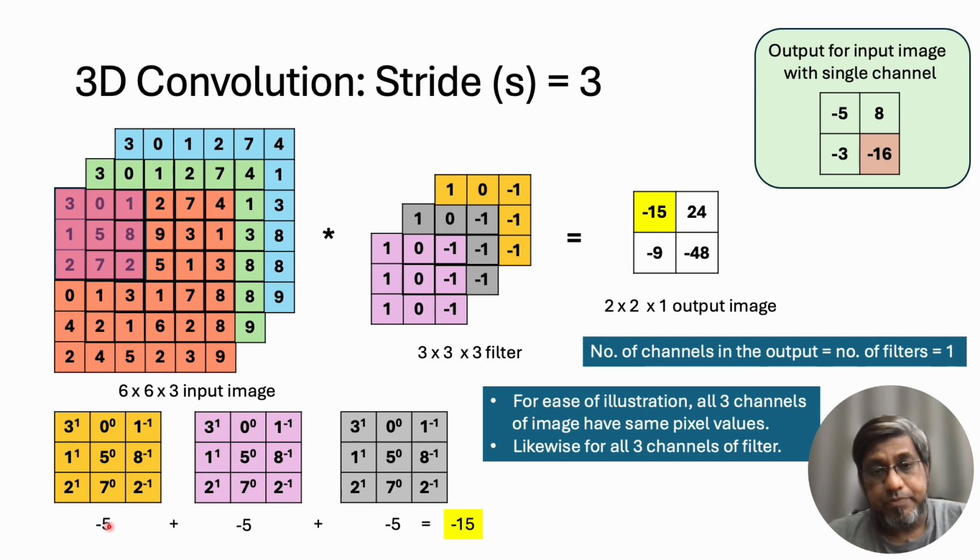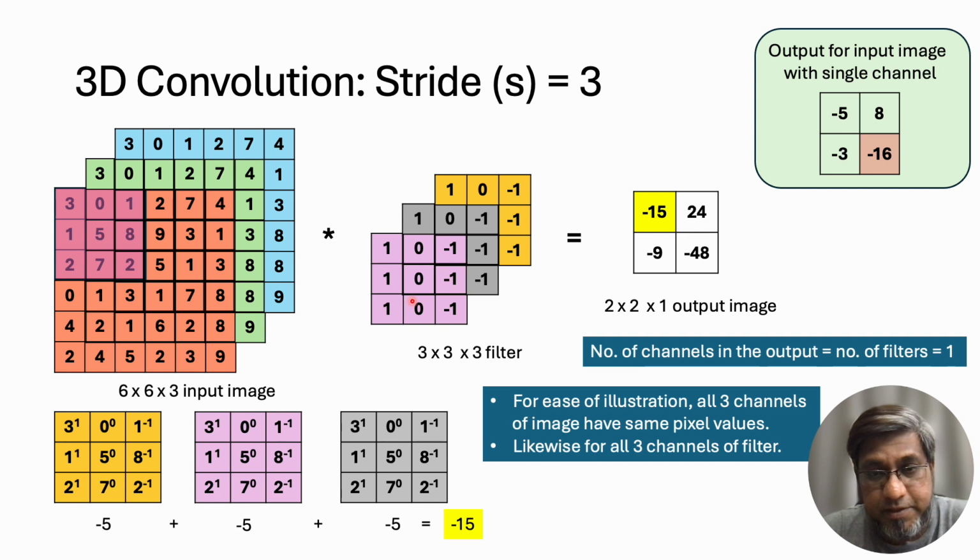Now, for the sake of simplicity and for the sake of this illustration, I have considered that the green channel as well as the blue channel all have the same pixel values as in the red channel. So the same numbers are being utilized in the green channel as well as in the blue channel. And similarly, the second and third channels of the filter are also having the same values as the first channel of the filter.